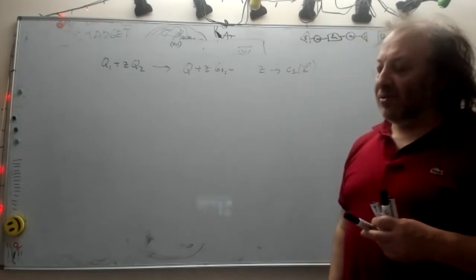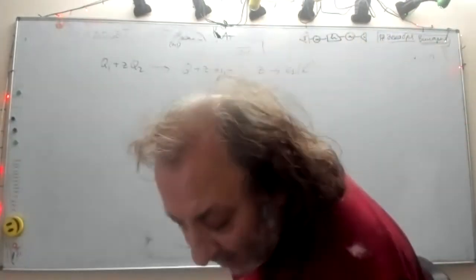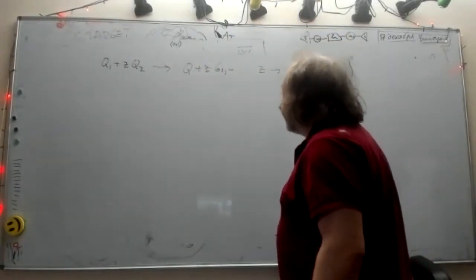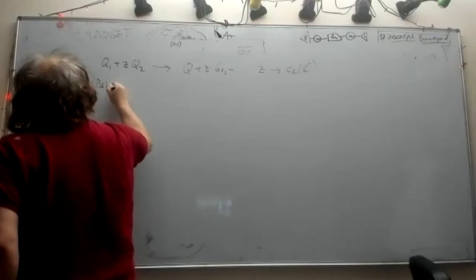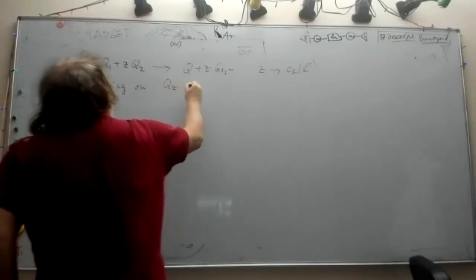And now I would like to do the following. Now I'd like to find the pairing on QZ cohomology.